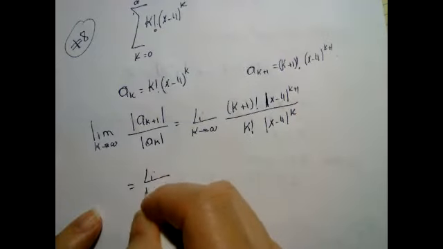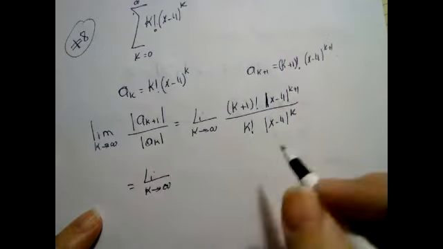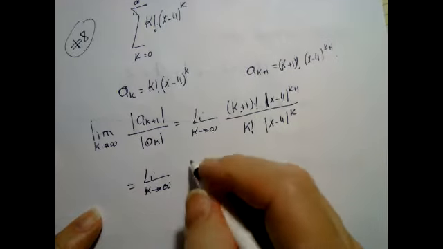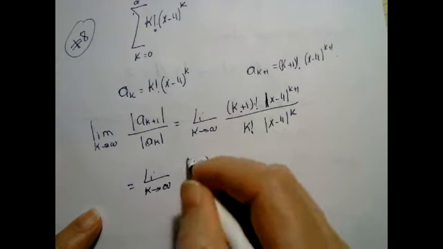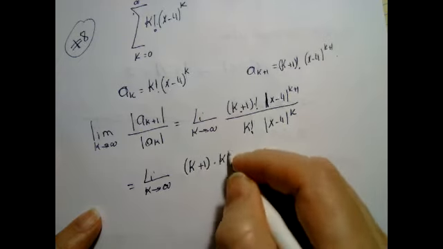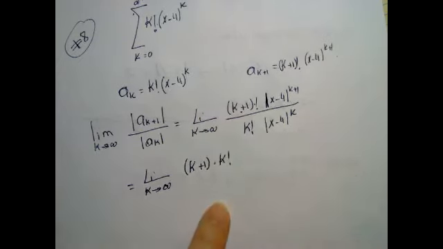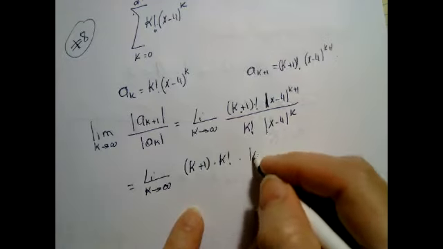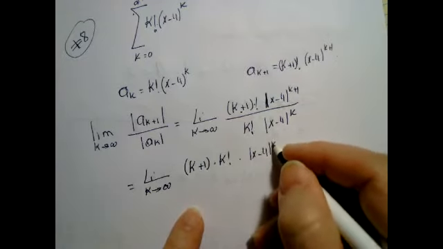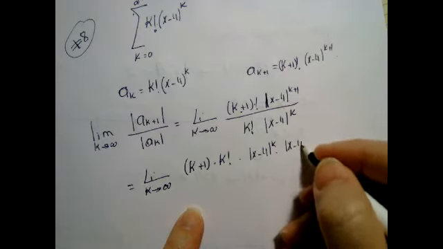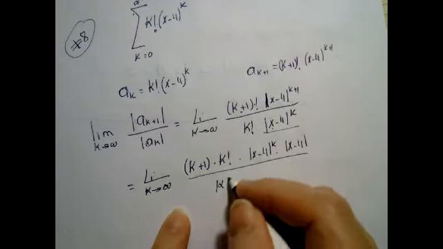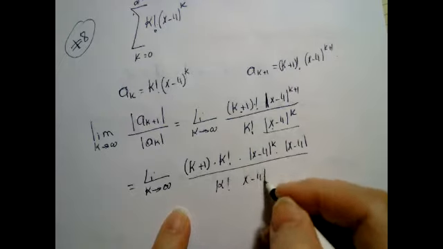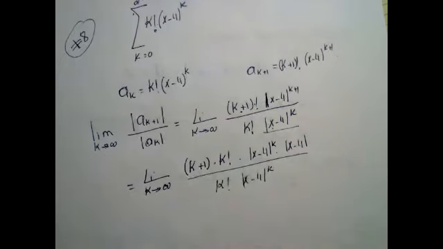We cannot keep it like this; we need to simplify as we always do. (k plus 1) factorial is (k plus 1) times k factorial, and (x minus 4) to the k plus 1 becomes (x minus 4) to the k times (x minus 4).